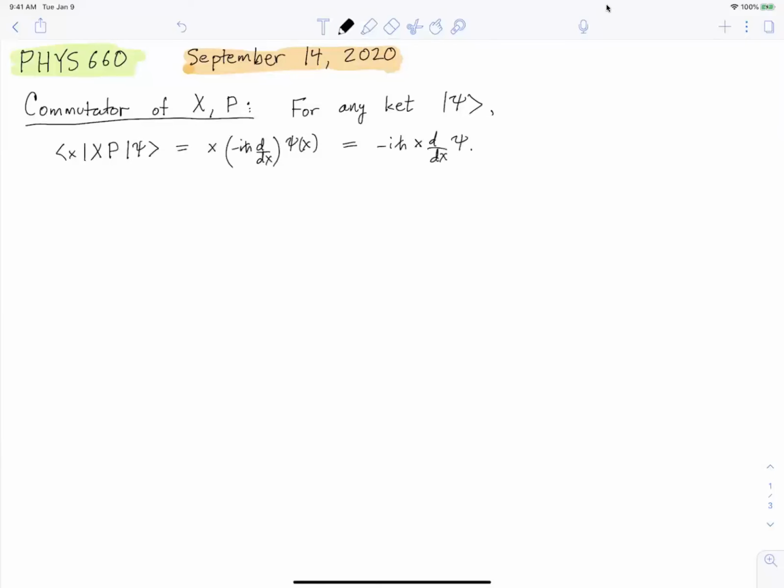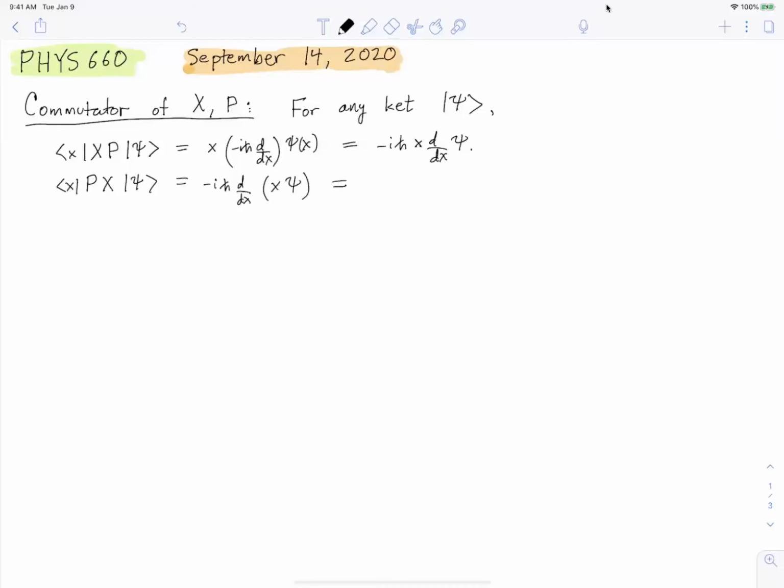Okay, and then we can also consider the same thing, but with the operator order reversed. So P X. And so again, according to the rules that we figured out last time, this is minus i h bar d by dx acting on x times psi, where psi is again the wave function of the state or ket psi.